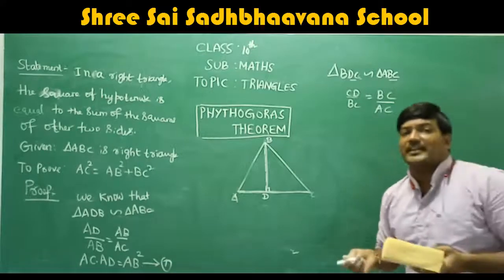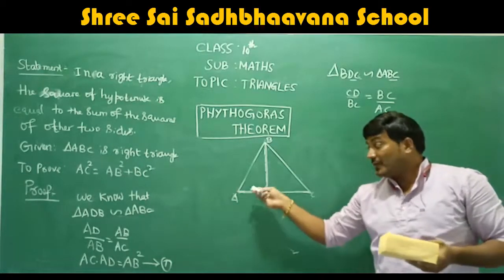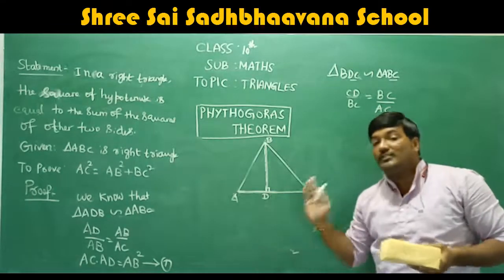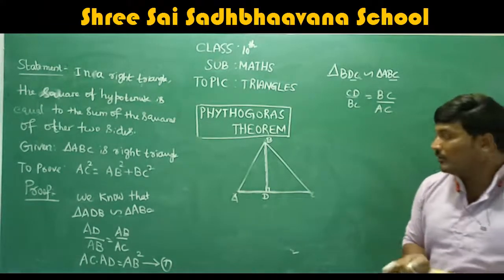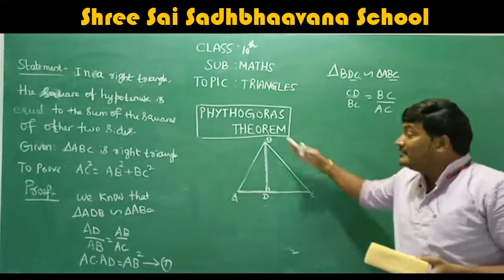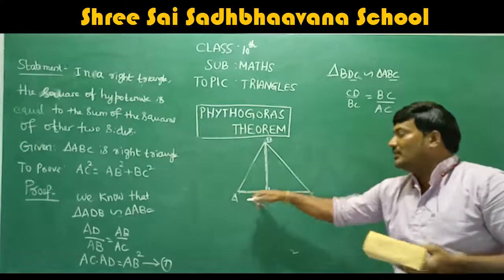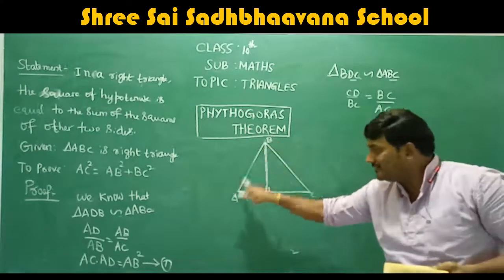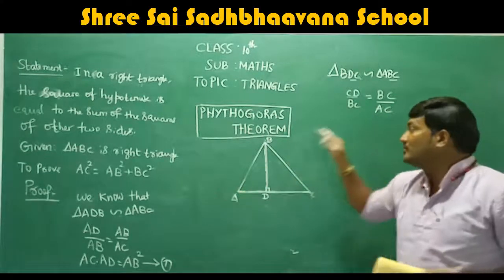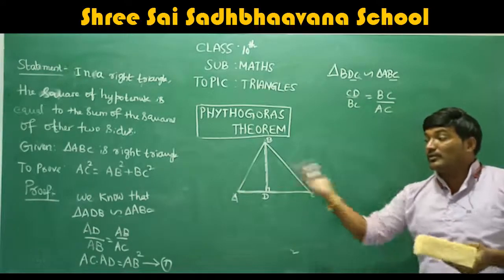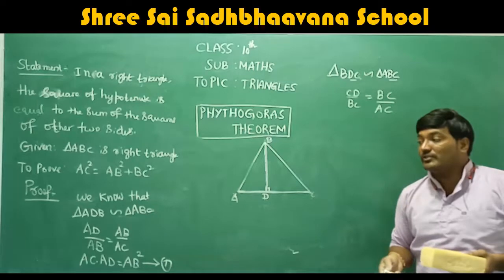So for the proof, what sides do we require? Which are the sides lying on the hypotenuse? AD is one side, so these two sides I am taking. And also we need BC and AB, because this square is equal to this one. That's the reason I need this side, everywhere. AB also there, BC also. Like that you have to assume. You can ask me, sir, one more side also has a ratio, why not?